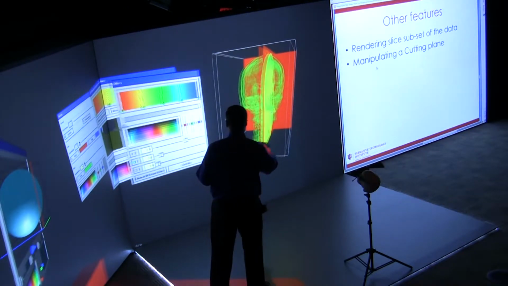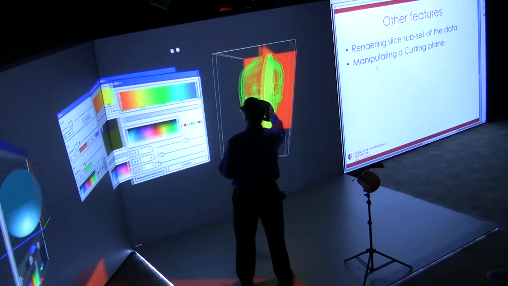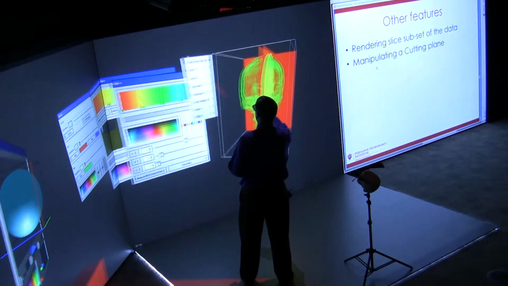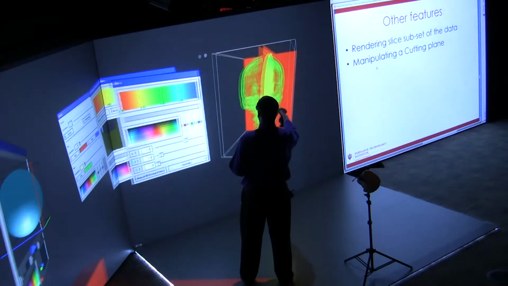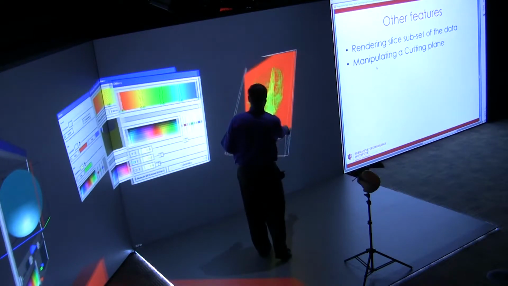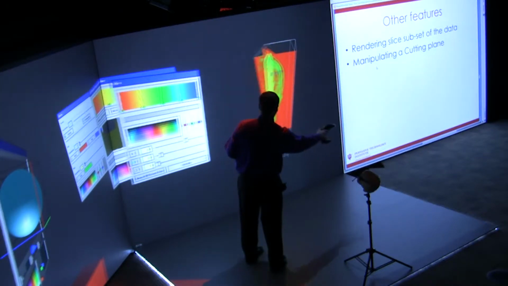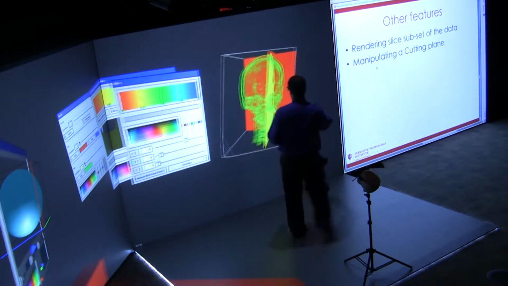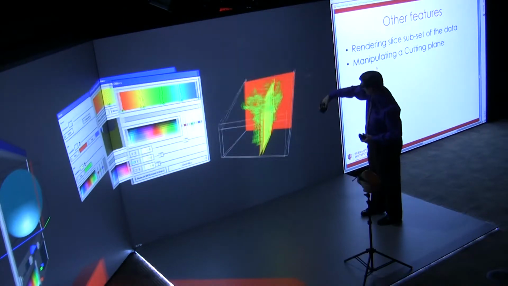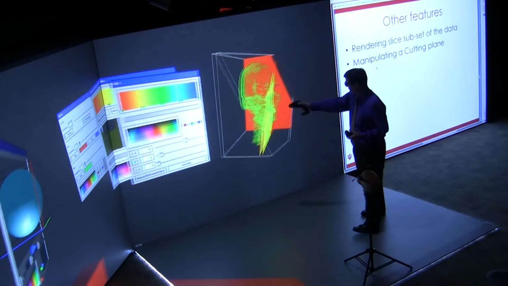And the one other thing that I want to show is this ability to add a little 3D locator, and I can now slice the data in 3 space. So here I can rotate my wand. I have control over all 6 degrees of freedom.